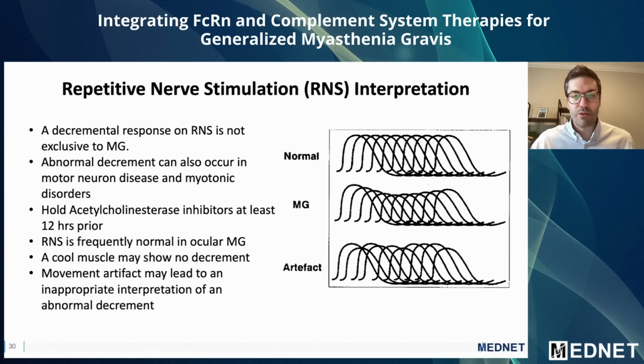I made mention about warming the patient. If they are cool, especially on a distal muscle like an ADM, there may be no decrement. And this goes along with the other things that we see in myasthenia gravis being temperature dependent, where cooling improves symptoms and heat is going to worsen.